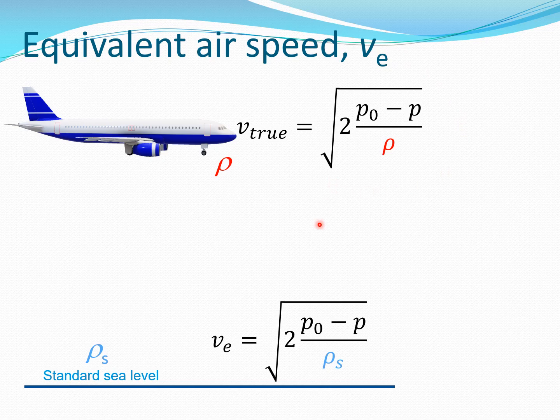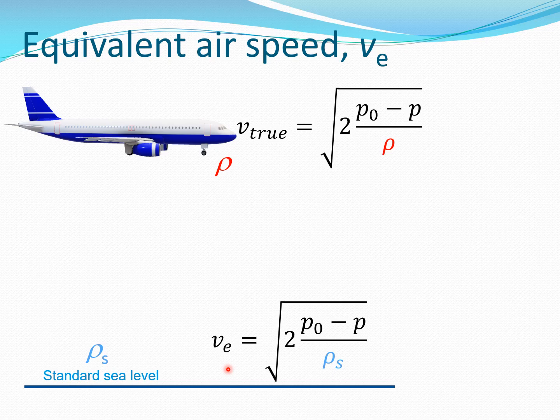Now we may actually want to calculate a different airspeed. It is known as the equivalent airspeed, by substituting rho for rho s. This is because we may actually not know rho at the place where this aircraft is flying. In that case, we can just say that it is rho s, and if we use rho s there, we would get what is known as the equivalent airspeed V subscript e.